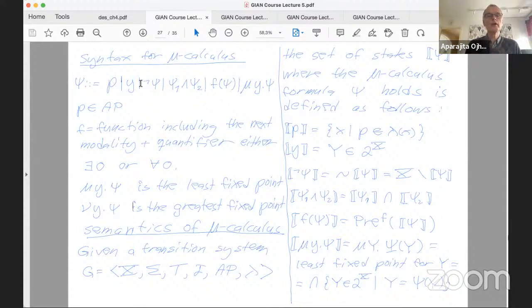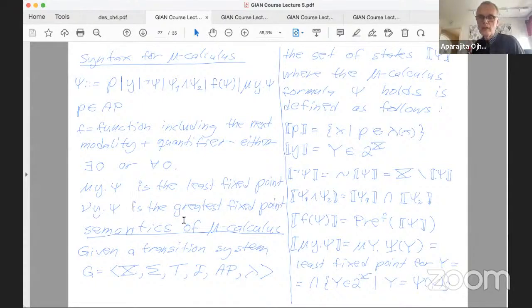So far, not very strange things, but then comes the powerful thing here, and that is the fixed point operator. And that is expressed as mu y dot psi. And mu y dot psi is the least fixed point, while nu y dot psi is the greatest fixed point.